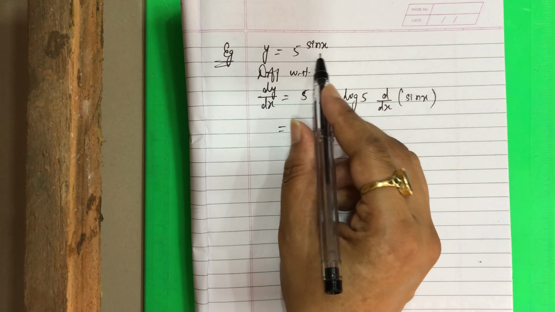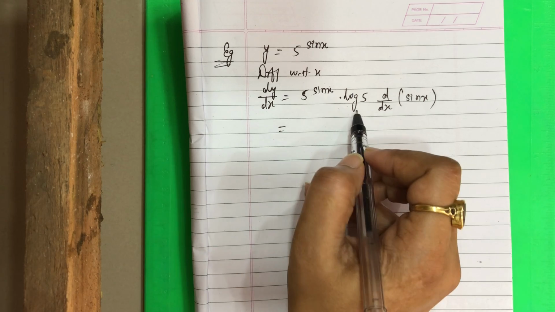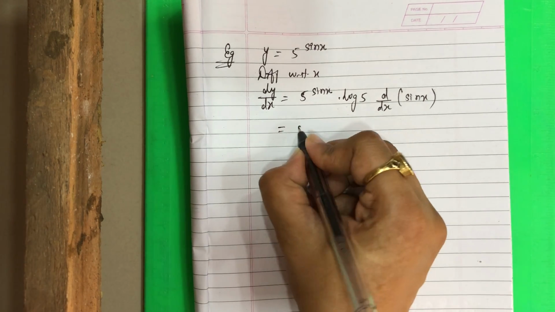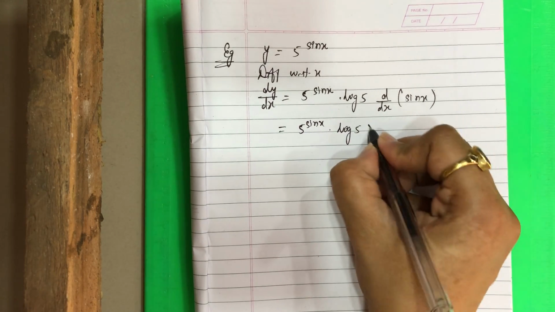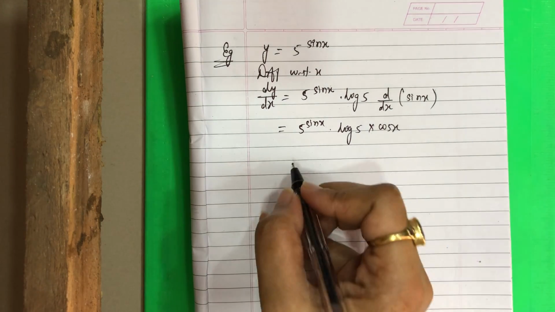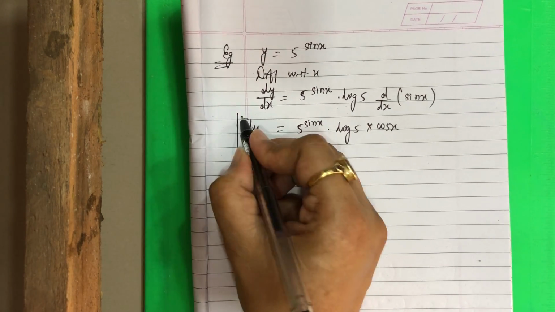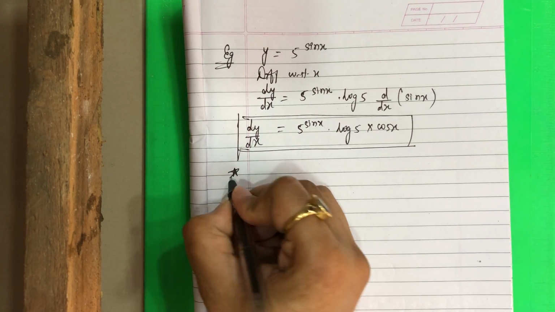In place of fx, here it is sine x. So this gives you 5 raised to the power sine x into log 5 into cos x. That would be the answer, that is dy by dx of 5 raised to the power sine x.